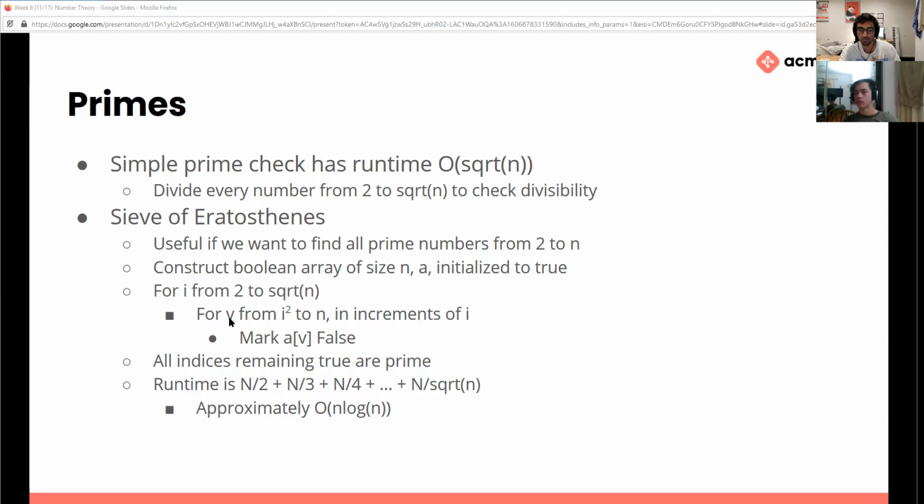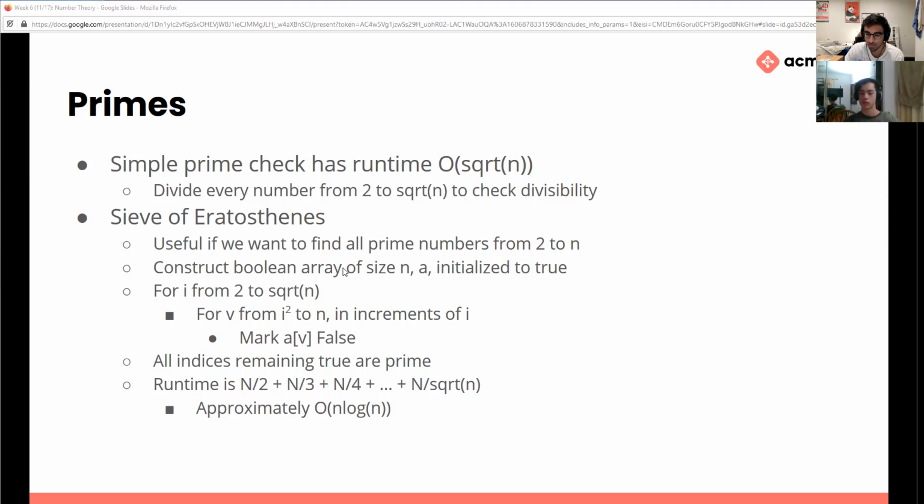The reason we only need to start from i squared is a simple speedup. If you're given a composite number n, then it must have some number that divides into it that's less than the square root of n, so that number will mark it false even if you started from i squared.